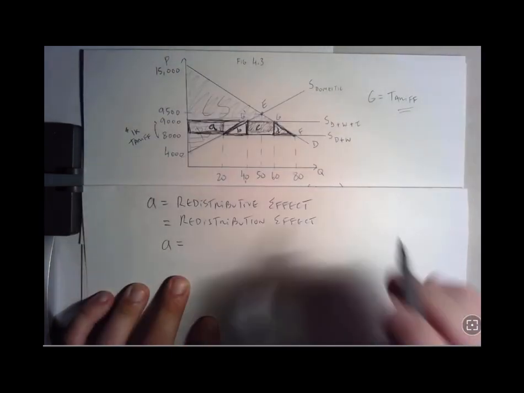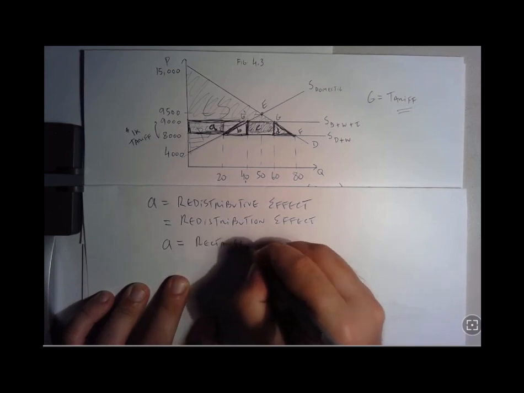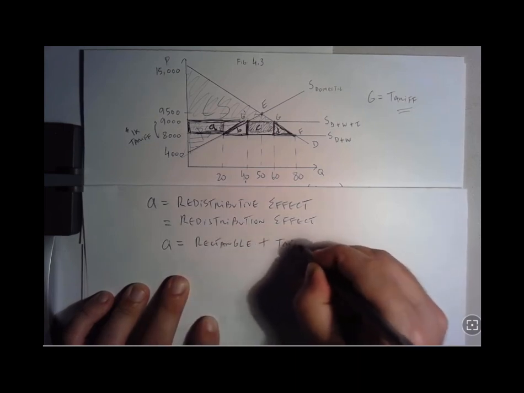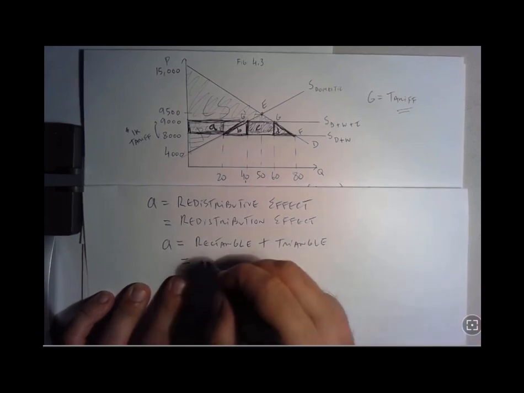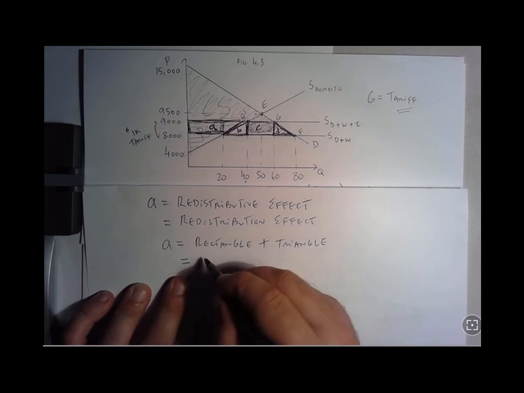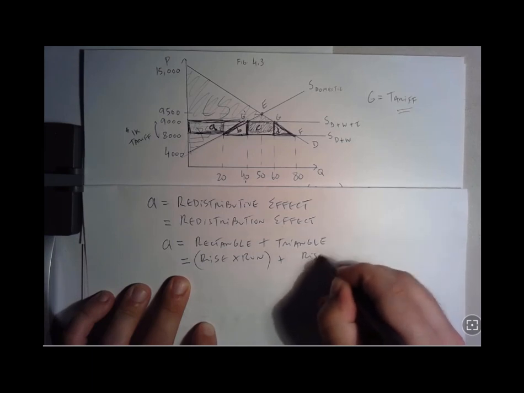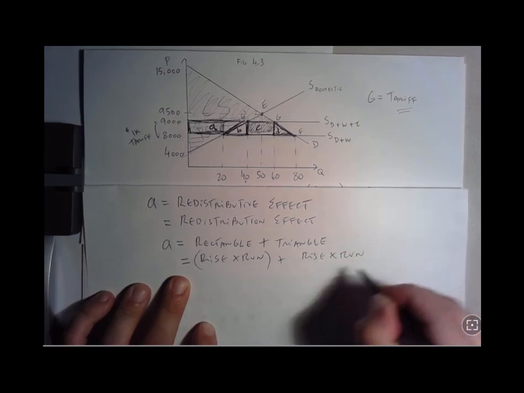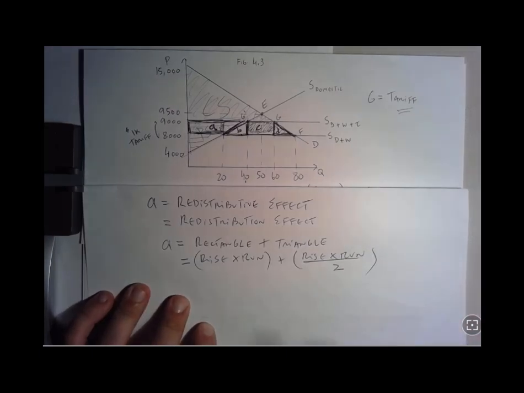So I'm going to split it as a rectangle plus a triangle. And therefore, we have the area of the rectangle is rise times run. So I'm just going to spell it out so you know what I'm doing. Probably it has been a while since the last time you had geometry. So that's how you compute the area of each.